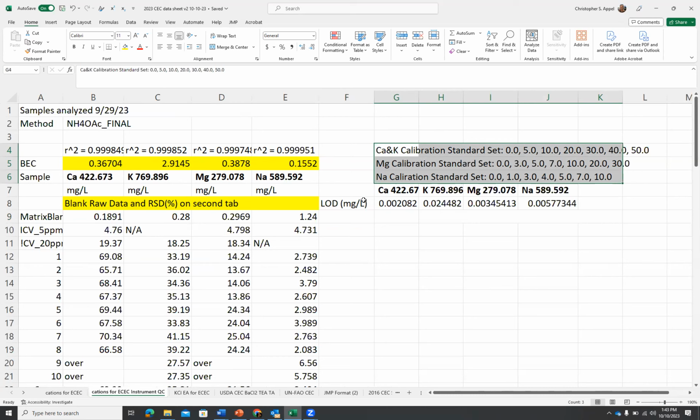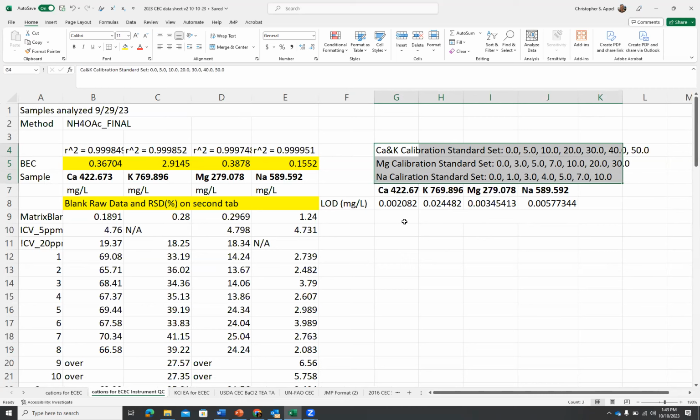So these are all in milligrams per liter, and you can see that they're really small, right? So it'd be much more convenient to write these as a microgram per liter or as a part per billion. And so if we write them as parts per billion, what is going to be the value for the first one for calcium? 2.08, right?